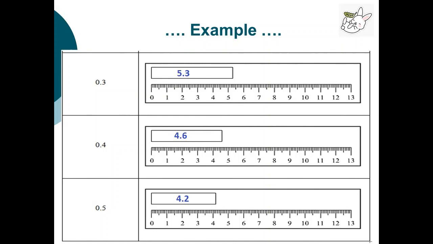Some more data now, which is 0.3 M, 0.4 M, 0.5 M, and the readings 5.3, 4.6, and 4.2. Please do write down the last reading now, which is 0.5 M and 4.2 cm.